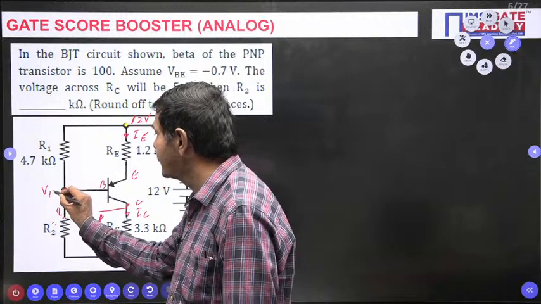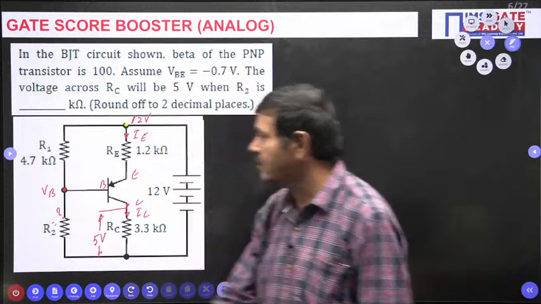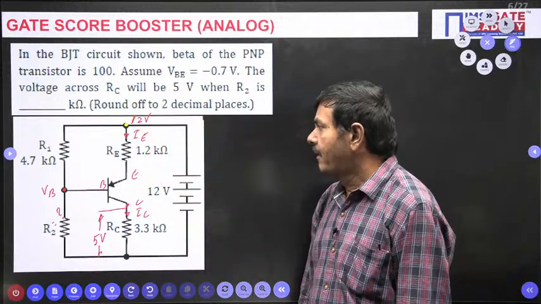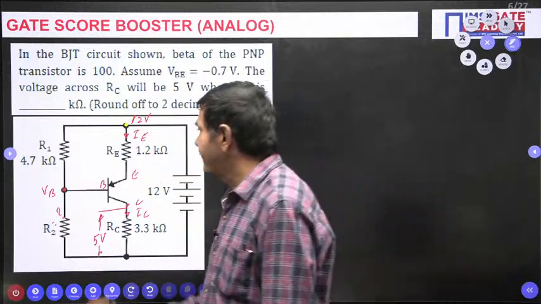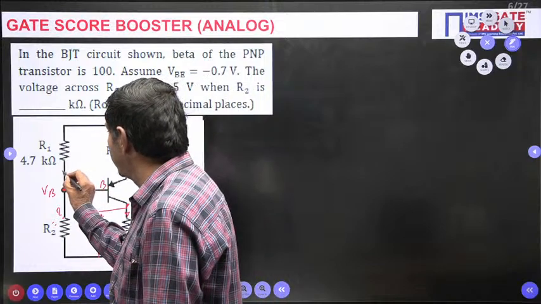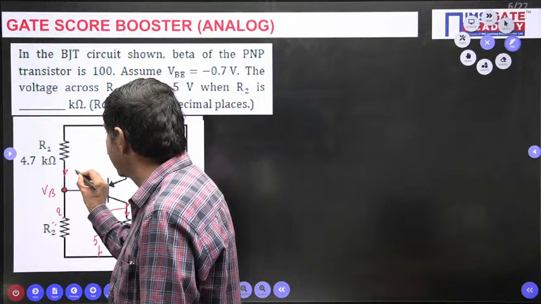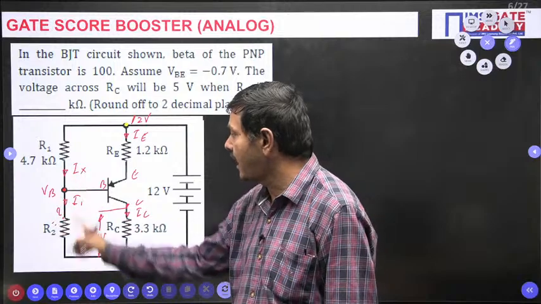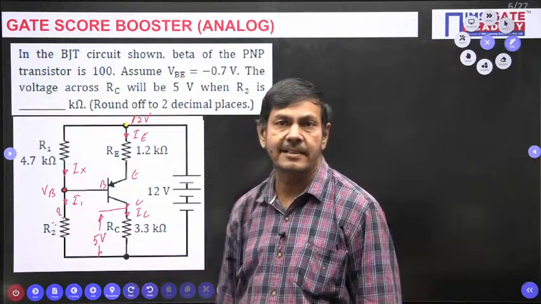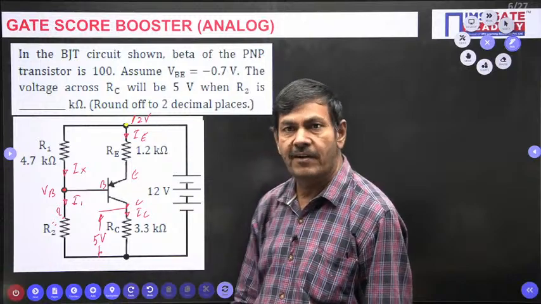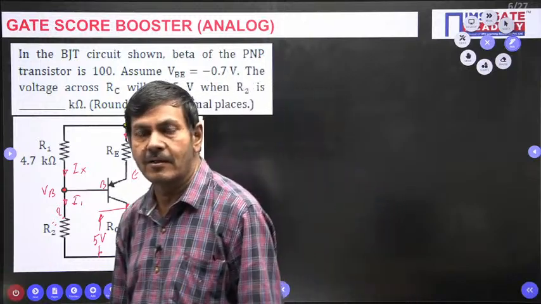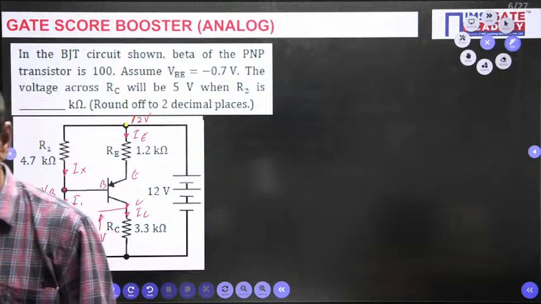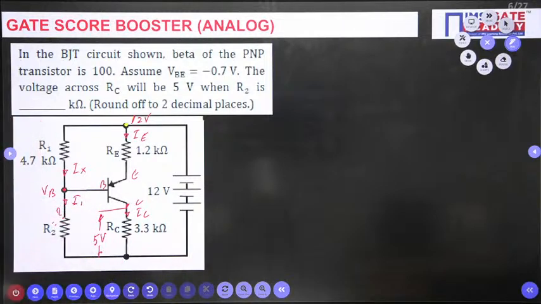This voltage is to be taken as the base voltage, and I can give it a name, I1. Measure what I1 is and you will get the answer directly. Anybody can find it? I give the idea. You can start doing this question now. I will wait for some time.